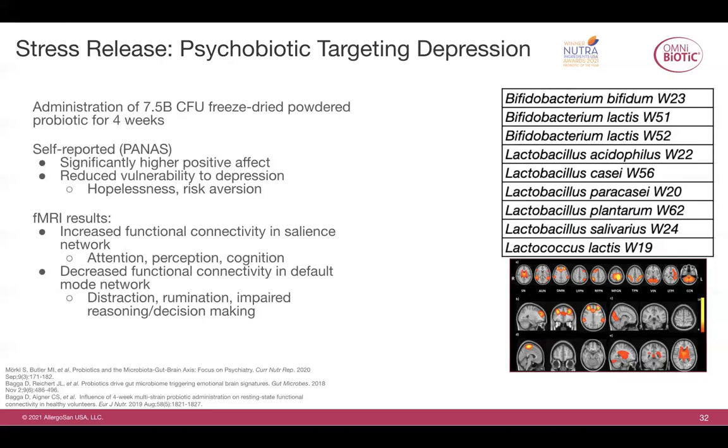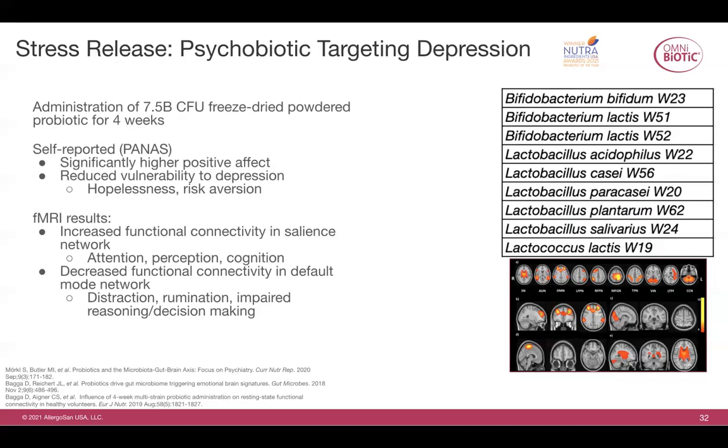What the PANAS showed was that there was significantly more positive affect and a reduction of hopelessness and risk aversion. And think about things like sitting at home and they want to interact with others, et cetera. That's that type of risk aversion that we're talking about here.